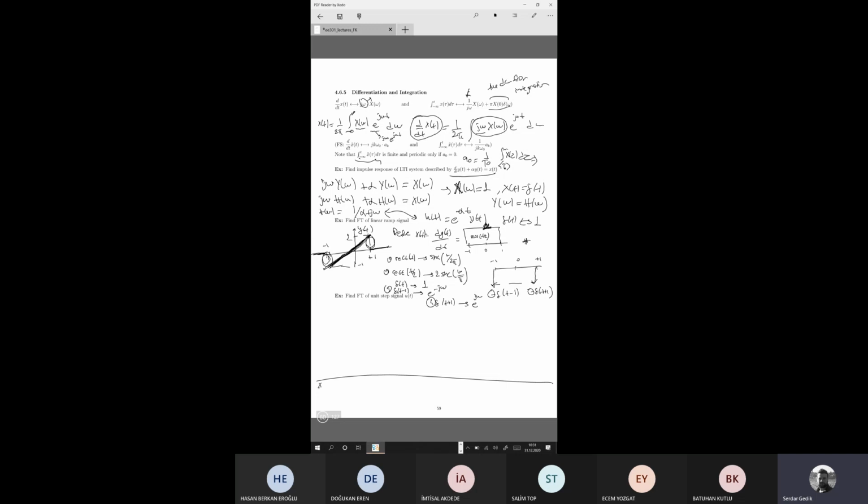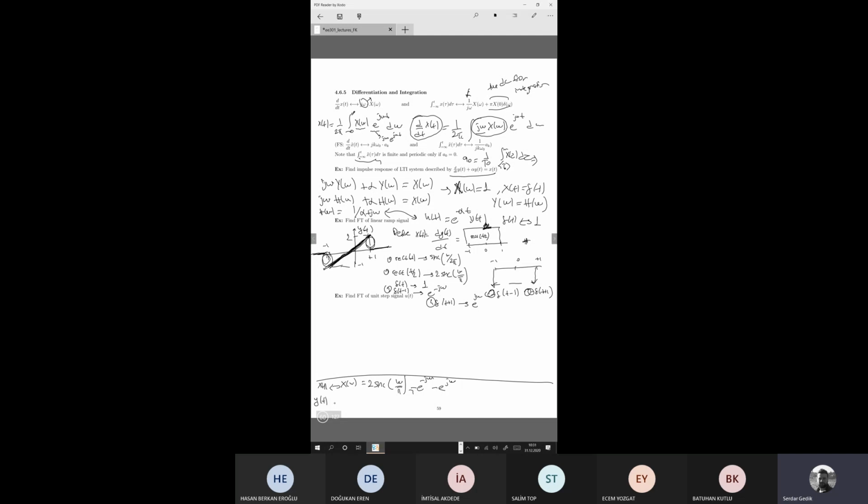So x of t has Fourier transform x of omega, which is 2 times sinc omega over pi minus e to the power minus j omega minus e to the power j omega. These minuses are actually from those minuses. So I'm almost finished. What about y of t?